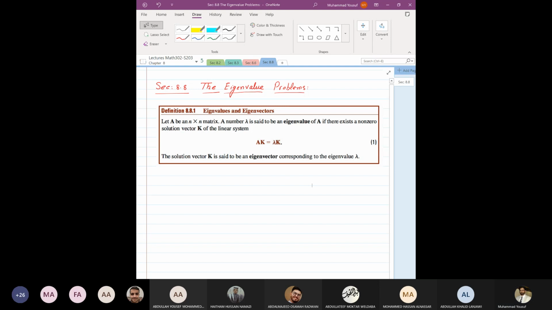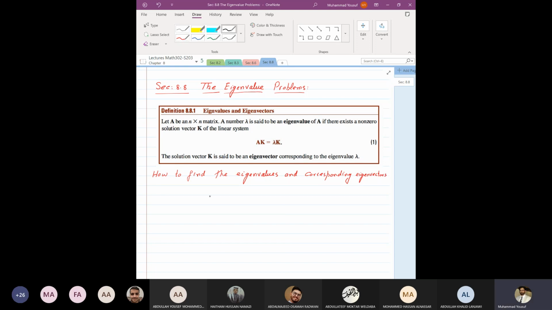So now the next thing is how to find the eigenvalues and corresponding eigenvectors.